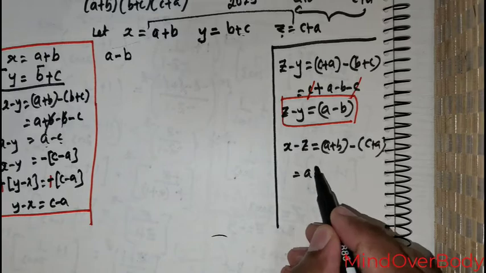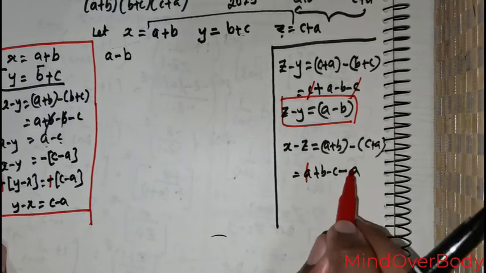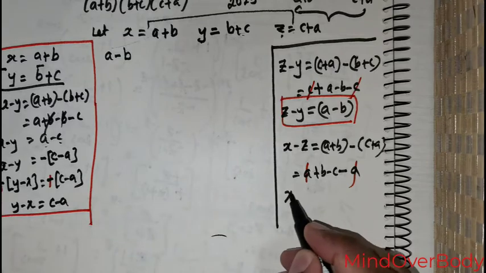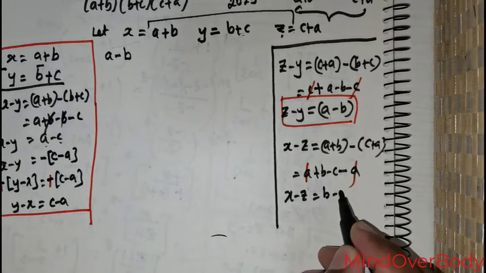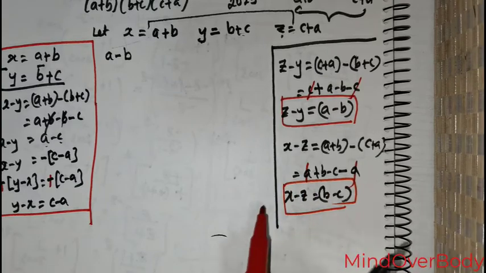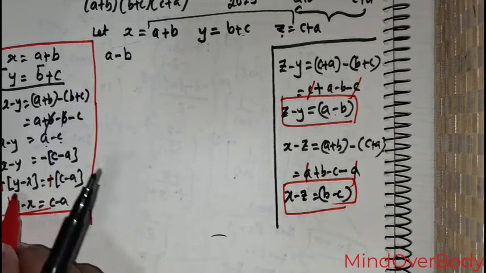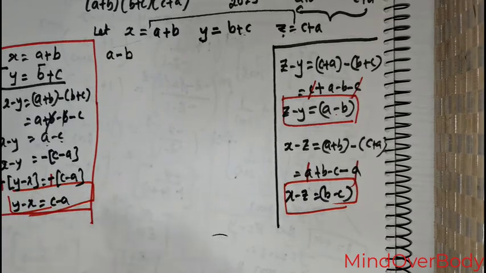So this is going to be a+b−c−a. So a and a get cancelled, giving me x−z equal to b−c. So clearly I have the representation for a−b, b−c, and for c−a.